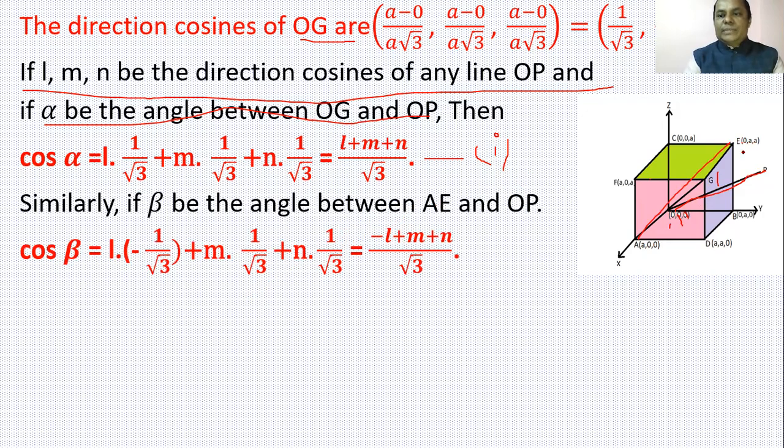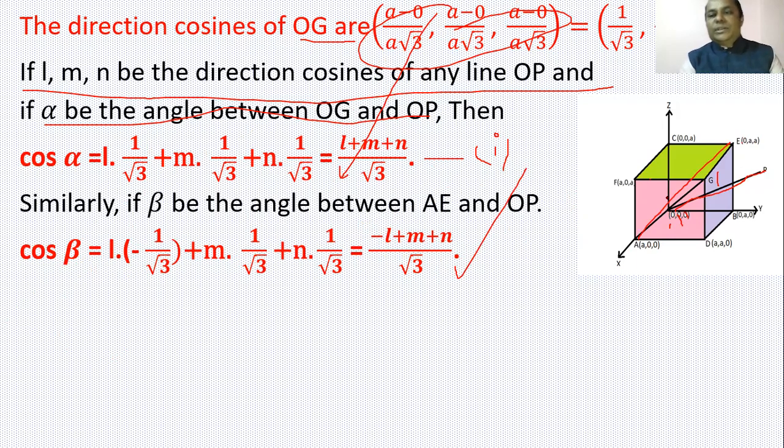So x2 minus x1 means 0 minus a, a minus 0, and a minus 0. Similarly, according to the same process, cos beta equals L1 into L2 plus M1 into M2 plus N1 into N2. Finally you will get minus L plus M plus N by root 3.